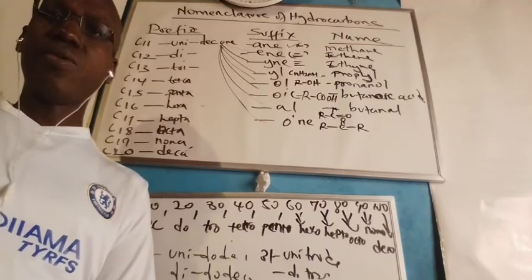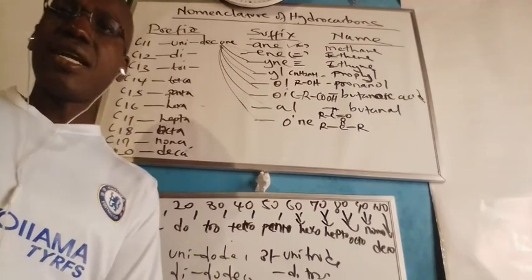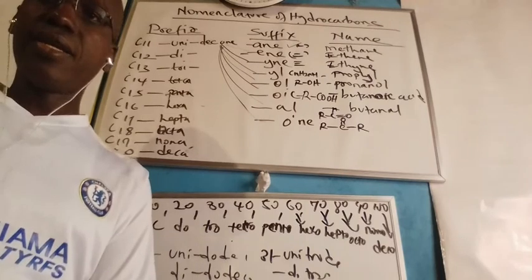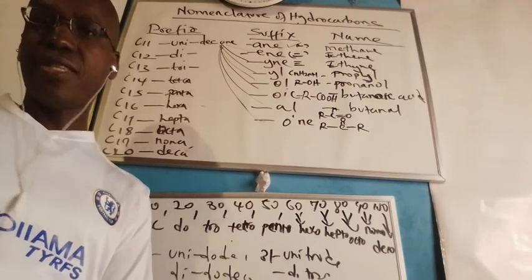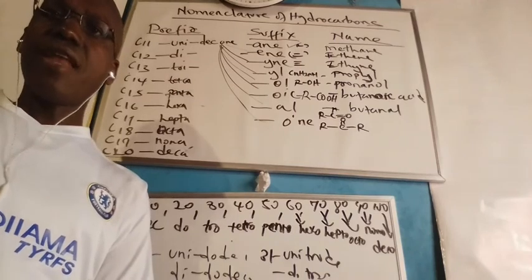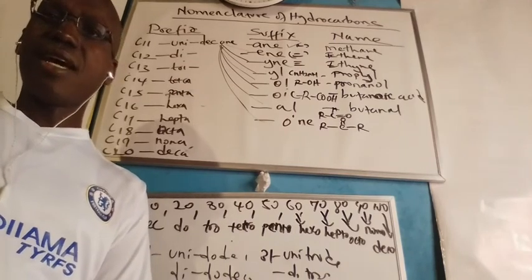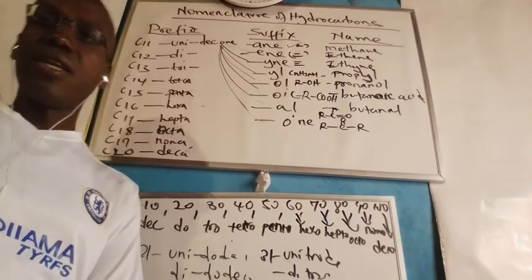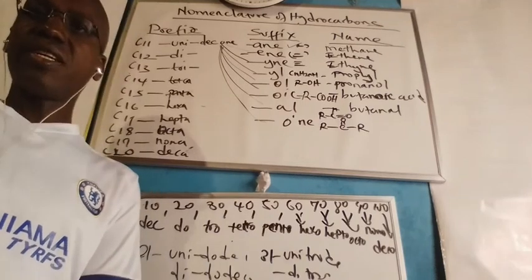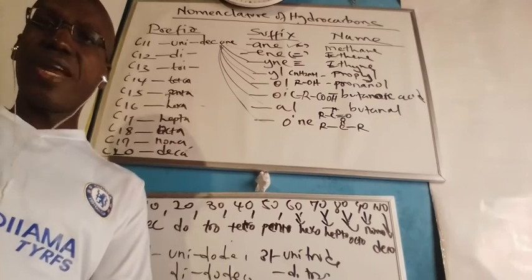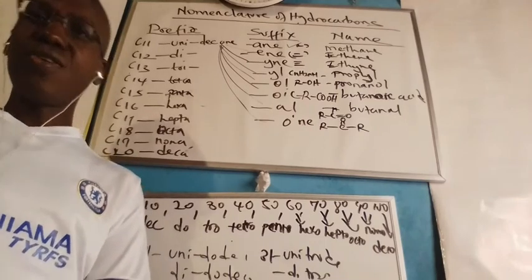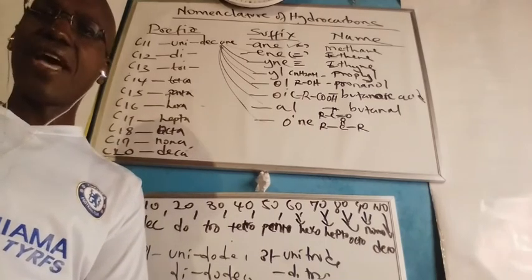Beyond the 10th, we use grammatical nomenclature like uni for 1, di for 2, tri for 3, tetra for 4, and the sequence continues. And then when we are using the tens, after the first 10, we can translate the grammatical nomenclature from di for 2 to do for 20, and then tro instead of tri for 30.